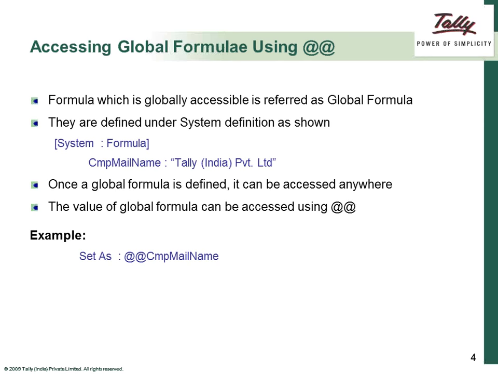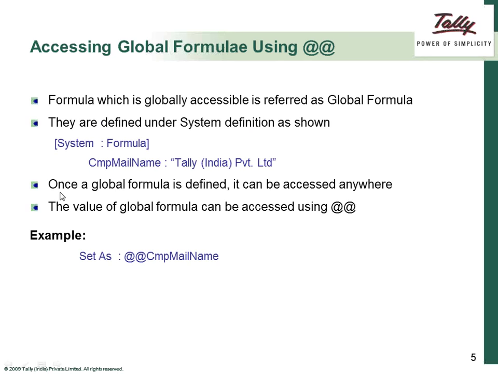Then the global access formulae. This can be accessed using the double at. It is a formula which is to be accessed across Tally, could be multiple reports or multiple definitions or attributes. Then the formula can be defined under the system definition, system formulae, formula name, and the formula output.